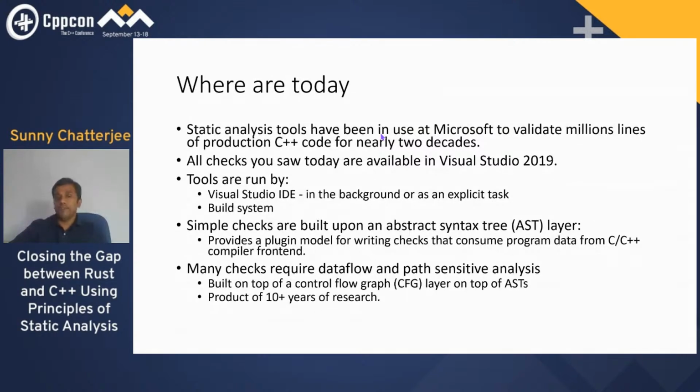For path sensitive analysis, we have a CFG, or control flow graph, layer on top of the ASTs. We have a lot of libraries doing things like alias analysis, and a constraint solver to do path simulation correctly. There's been 10 plus years of research that has gone into this framework. Again, it's not something that's available to you today, but I would love to get some feedback on it. If there is enough interest, we can definitely talk to the lawyers and make it available for the community.